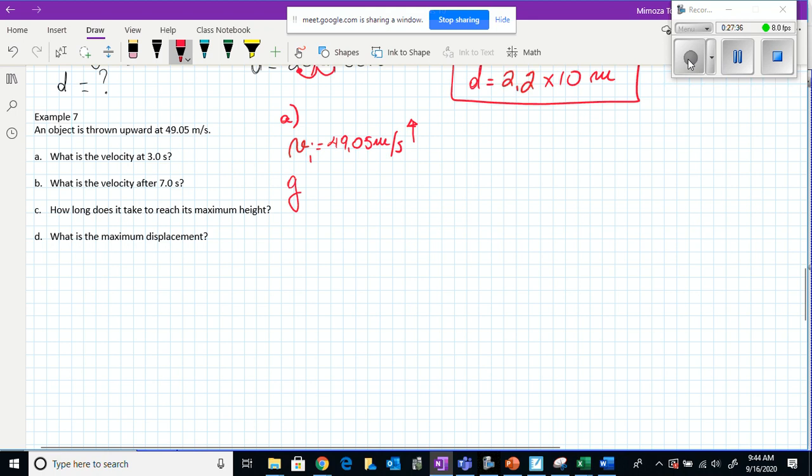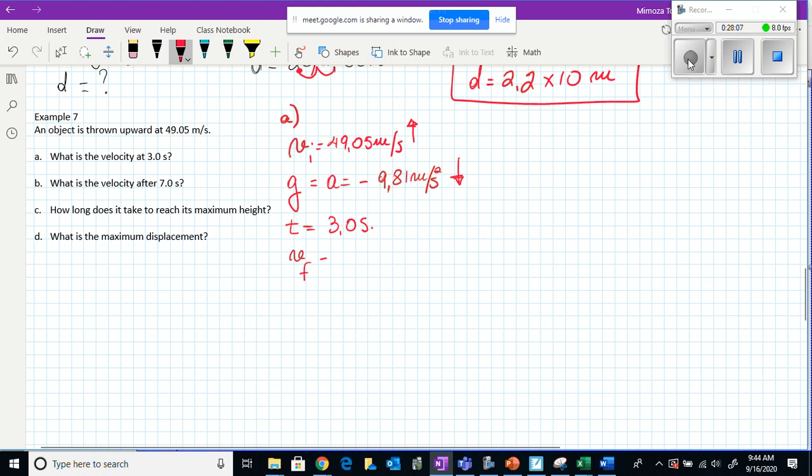Acceleration will be the acceleration due to gravity, which is negative 9.81 meters per second squared because it is going down. Yes, good. I like your comment, Nicole. And then time is equal to 3.0 seconds. And what we are looking for is the final velocity.